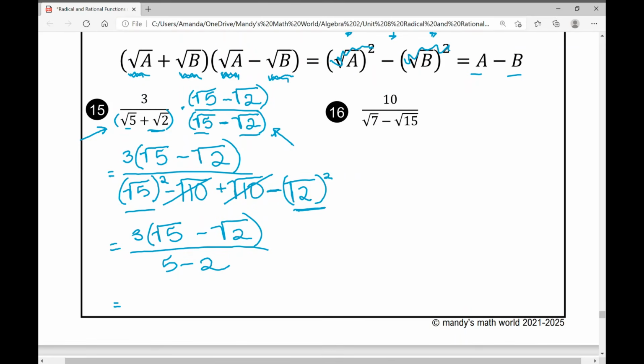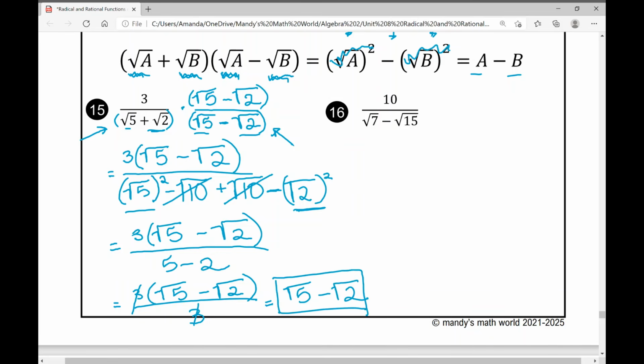And I'm just going to rewrite it because I'm writing every single thing. You can see every single step. Over 3. And then what can I simplify? The 3's. So I can cancel the 3's, and I'm just left with the square root of 5 minus the square root of 2, or root 5 minus root 2, and that's your answer.